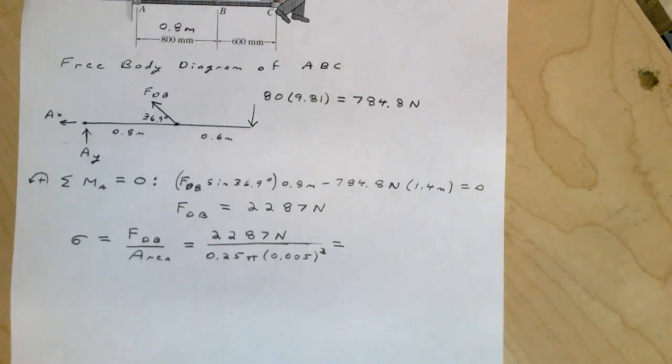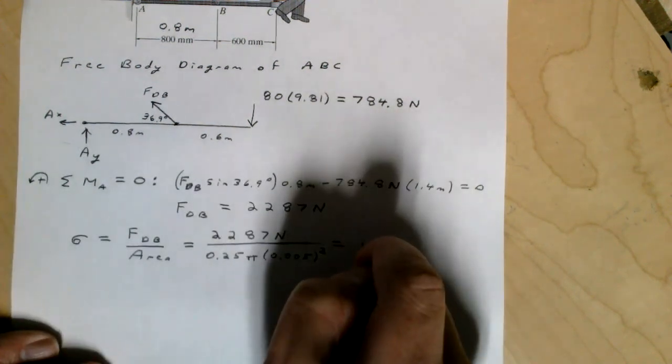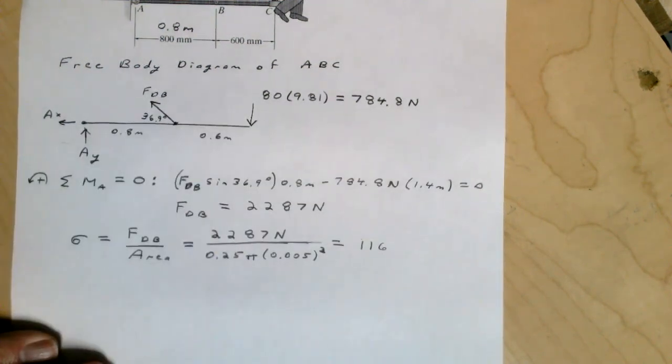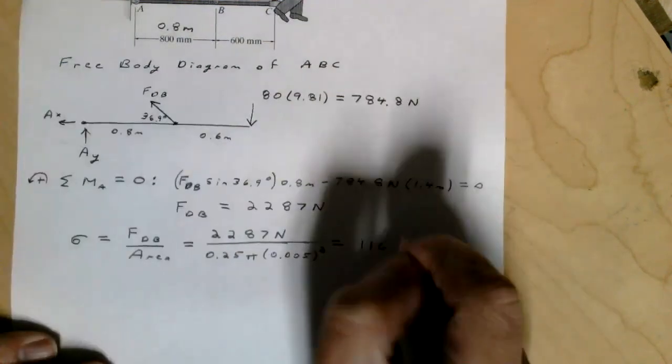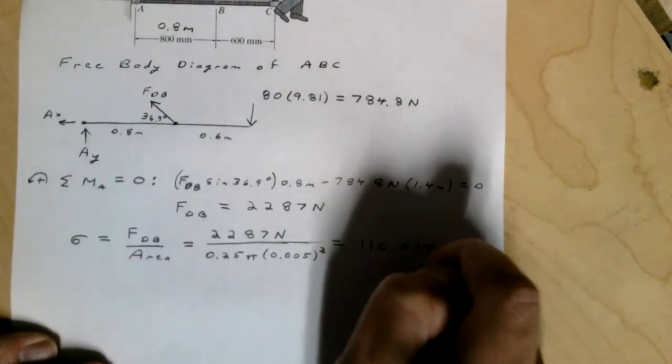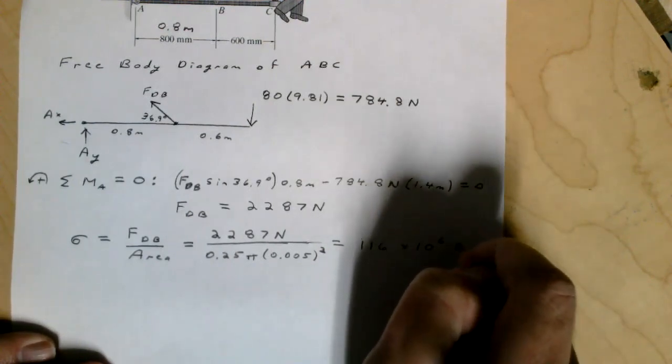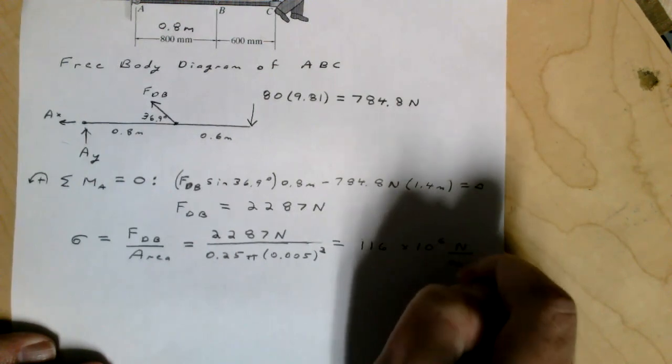If you put that in your calculator, you get about 116 times 10 to the 6 newtons per meter squared.